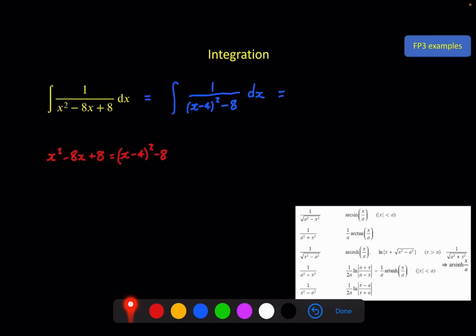So a is the square root of 8, so we've got 1 over 2 times the square root of 8, which is 2 root 2, so I can change that to 4 root 2, times the natural logarithm of x from the formula, but in this case we've got x minus 4, minus a, which is 2 root 2, all divided by x in the formula, which is x minus 4 in this example, plus a, which is square root of 8, and all of that plus c.